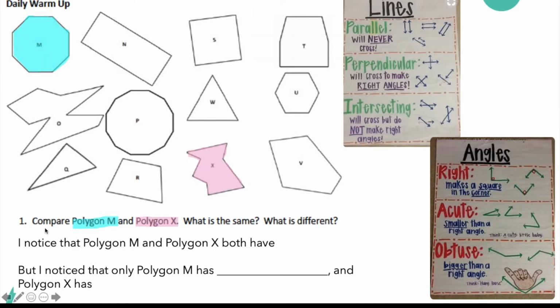Now let's take a look at the do now. Okay, it says, or the warm up, sorry. It says compare polygon M and polygon X. So I went ahead and highlighted those for us. What do we see that's the same? And what do we see that's different? Well, I noticed one thing that's the same. Actually, you tell me something. Yeah, I noticed that too.